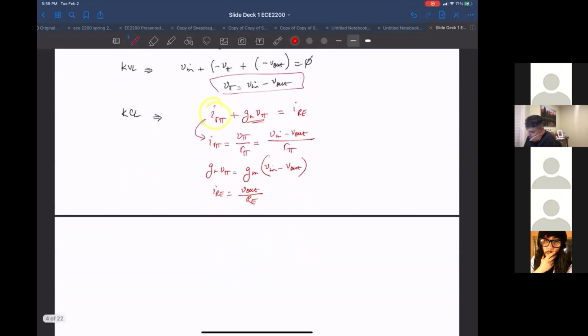Okay, so we can throw all this stuff back into this equation. We get (v_in minus v_out) over R_π plus g_m (v_in minus v_out) is equal to v_out over R_E.